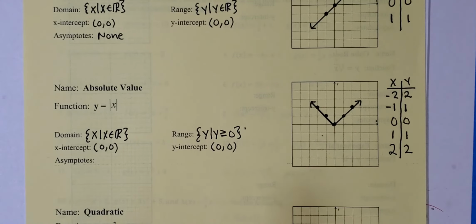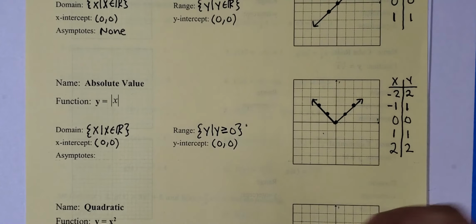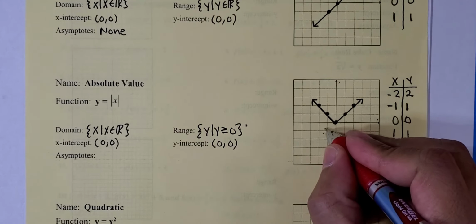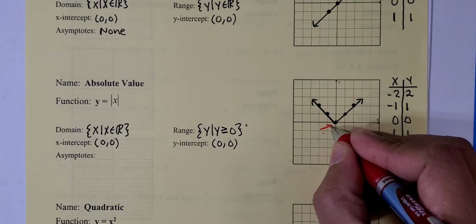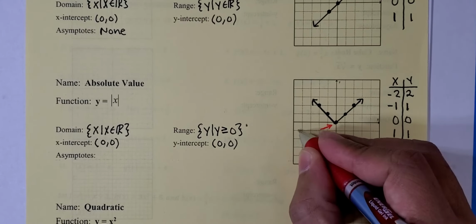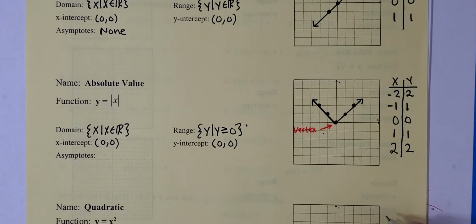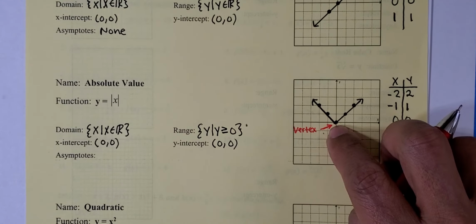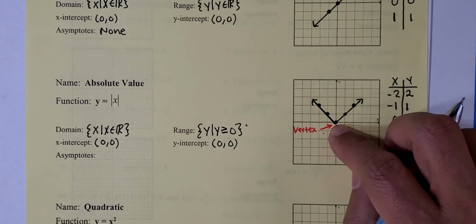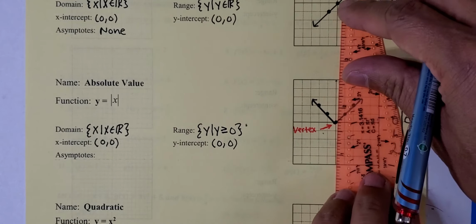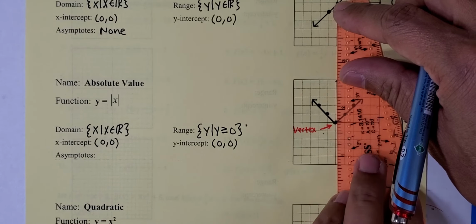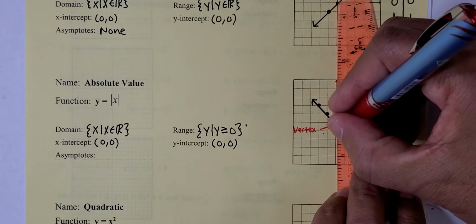But I'm going to add some more information here. Okay, and that information is the vertex and the line of symmetry. So this point here, okay, I'm just going to point an arrow. This point here is called the vertex. Okay, and this is the vertex, and then also this line that I'm about to sketch, this is the line of symmetry.